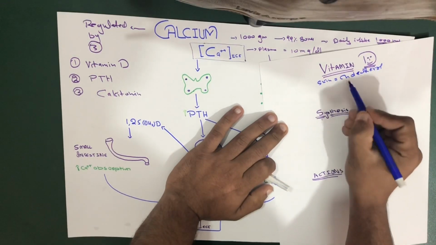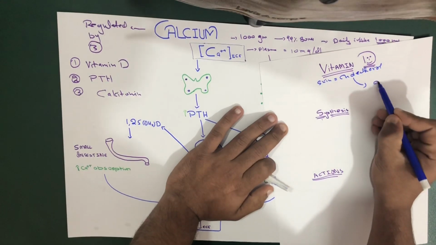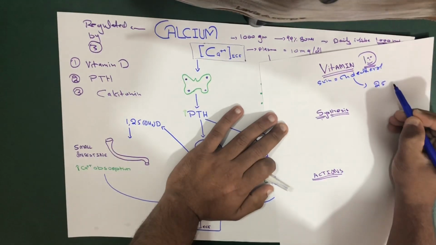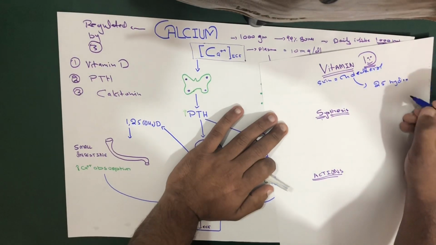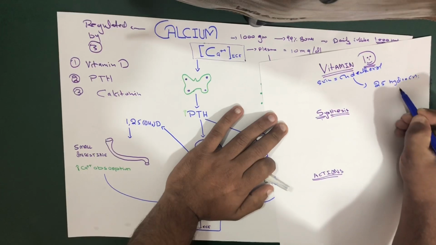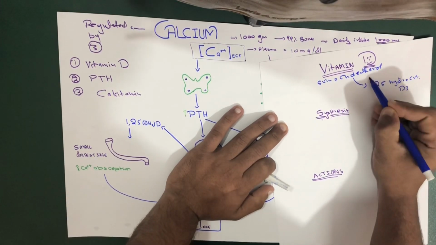The skin cholecalciferol has to be converted into another form, which is 25 hydroxycholecalciferol, which is again D3, and it is converted into this in the liver.